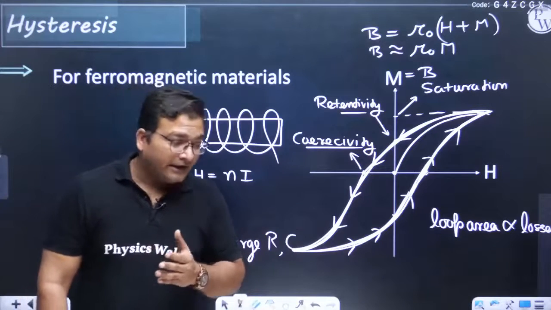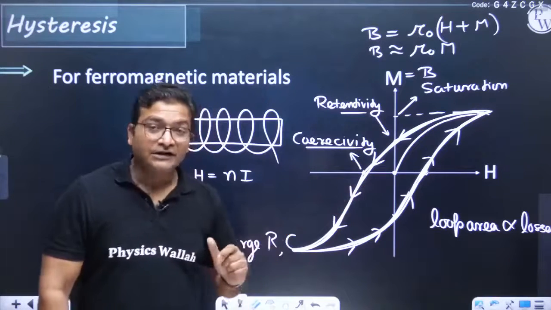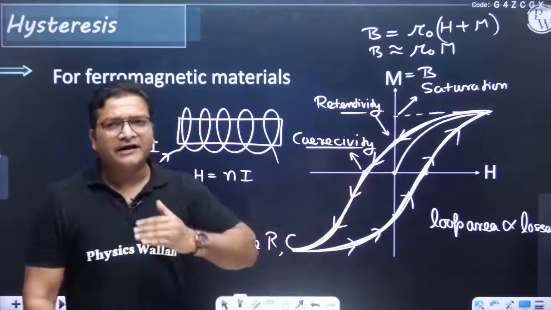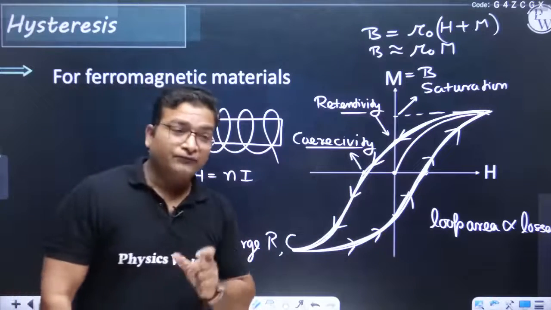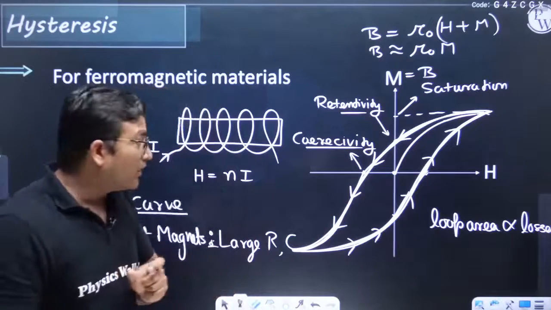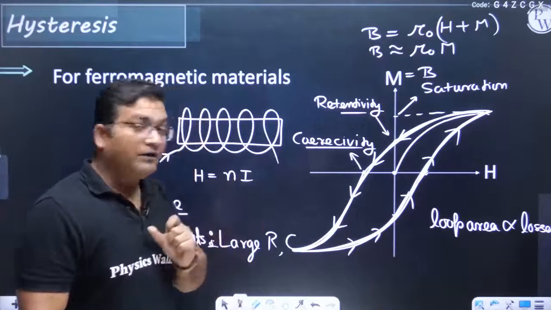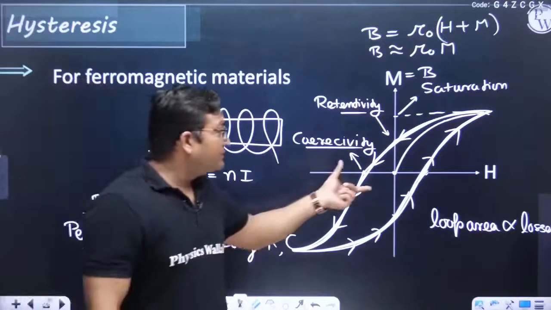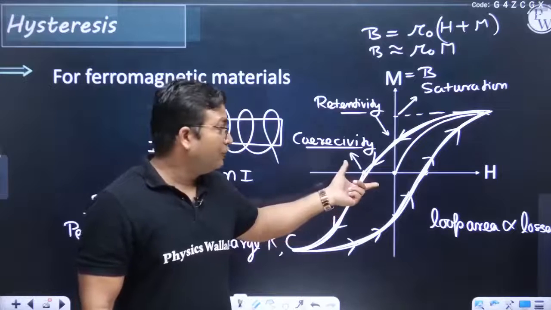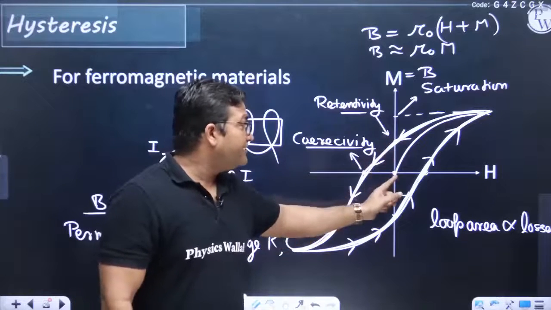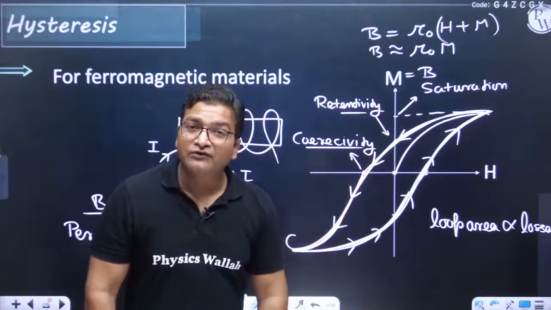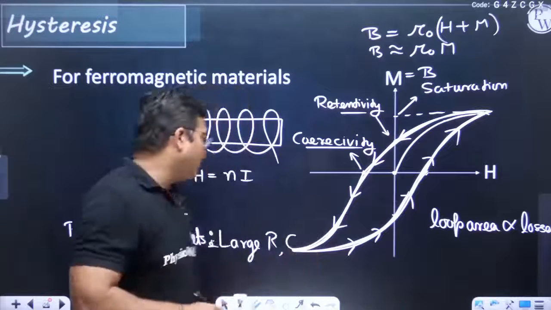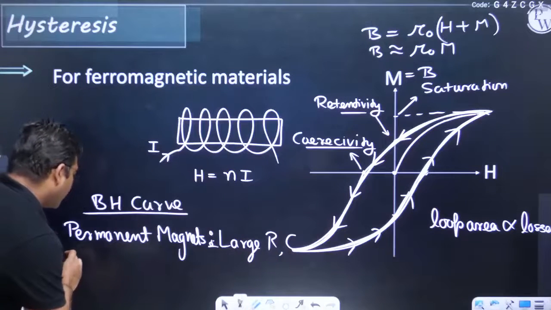If the loop area is large, it will create large heat losses. So for making transformers or electromagnets, we want a material with a very small loop area. And if the loop area is small, the retentivity and coercivity will be close to the origin, so they too will be small.